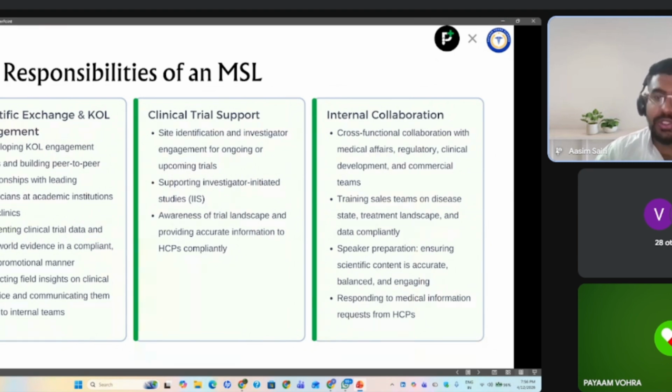Posters, brochures, videos, campaigns, and slide decks. These five things are majorly used in the medical industry, and that is what is commonly known. I'm just telling you basic information; there are very advanced scientific tools available. So these are the scientific mediums. Okay, responding to medical information requests from HCPs.